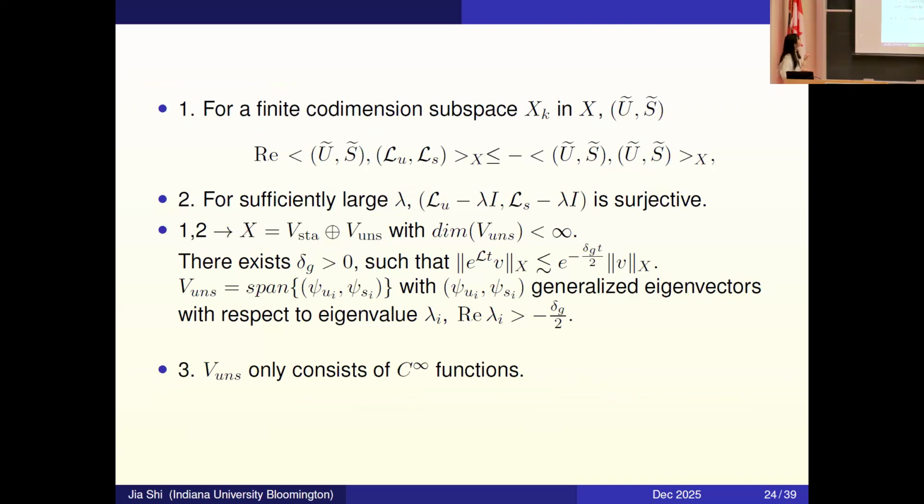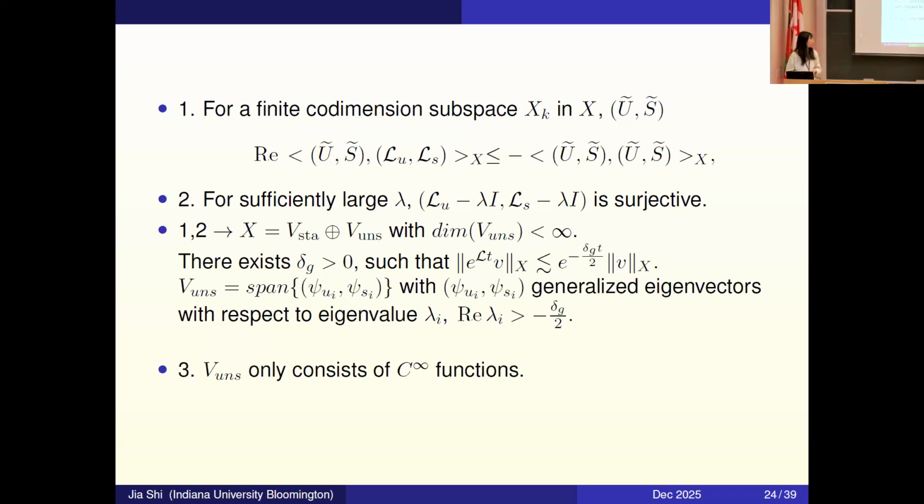So if you have both, then from the Lumer-Phillips theorem, you already split the space into invariant subspaces, the stable space and unstable space, such that the unstable space is finite dimensional, and in the stable space you have a contraction semigroup, and in the unstable space you have these generalized eigenvectors. Their eigenvalues are large, so there's a spectral gap.